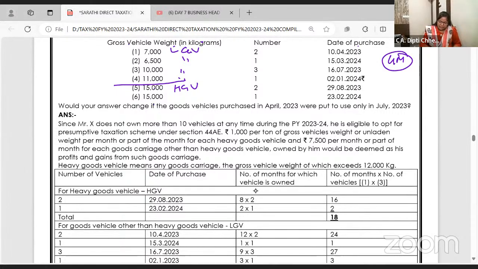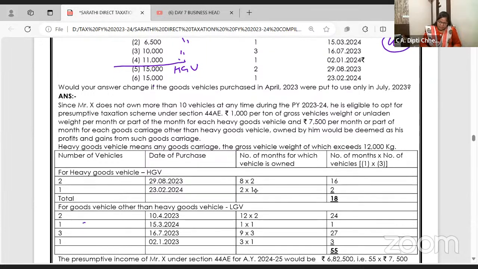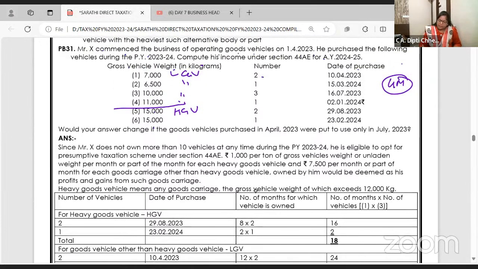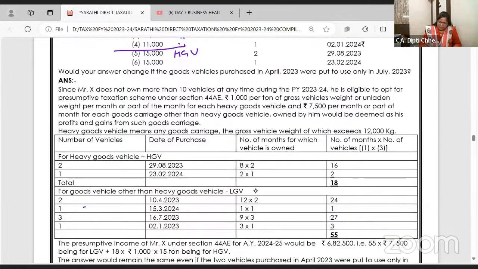Light goods vehicle, 2 vehicles are there, which you have purchased on 10th April. So 2 into 12, so 24 months, and per month the income is how much? 7,500. Are you all getting?